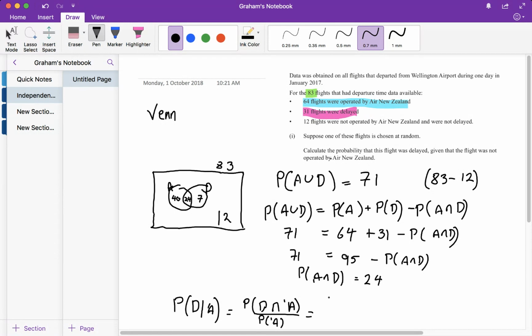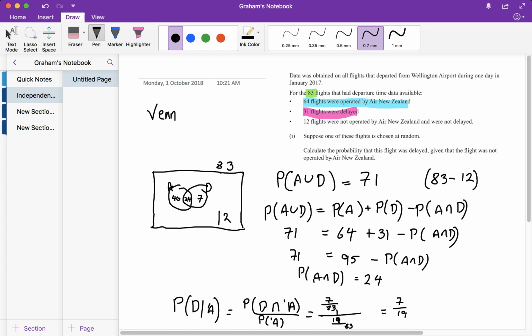So that is 7 out of 83, because remember this is a probability, and the probability it is not Air New Zealand is 19 out of 83. So therefore that's given me 7 out of 19. And that's my probability. So that's my Venn diagram.